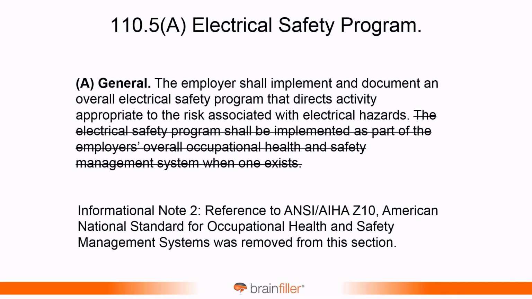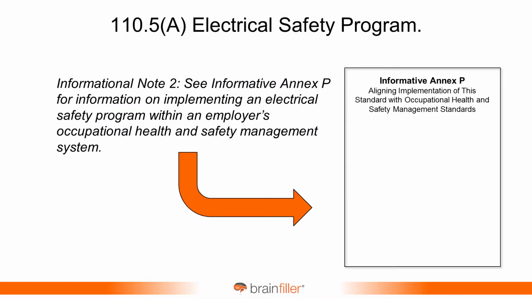And also there's an informational note. Informational note 2 directly referenced an Occupational Health and Safety Management System, and that was removed. And so instead, there is a reference, an informational note, to Annex P. And Annex P is about aligning the implementation of this standard with occupational health and safety management systems.